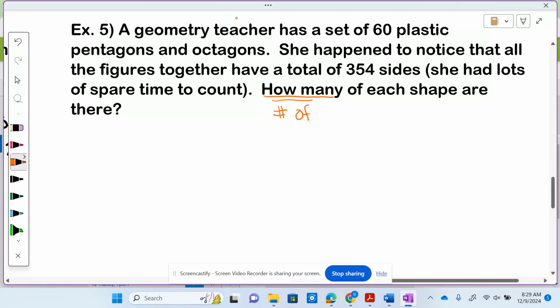What are our shapes? So what do you want x to be? So x is the number of pentagons. And that means that we have to let y equal the number of octagons.